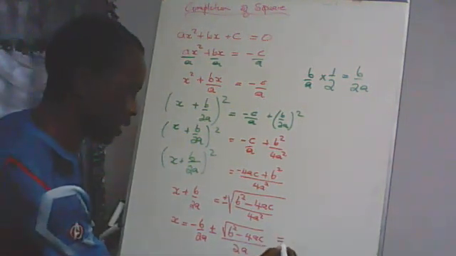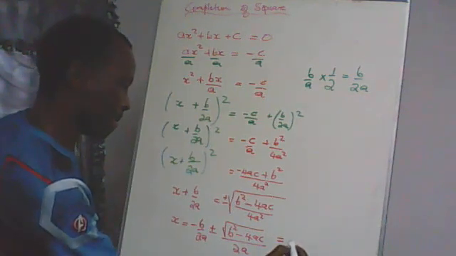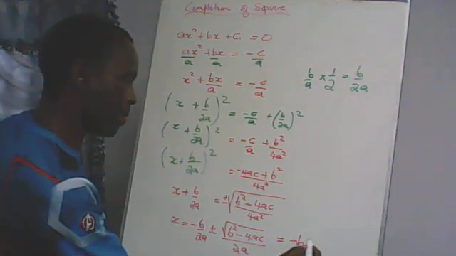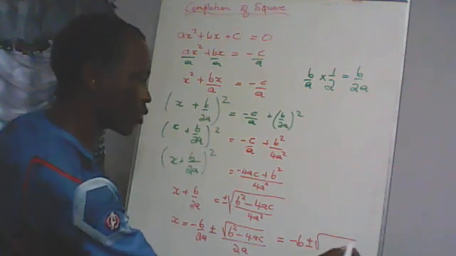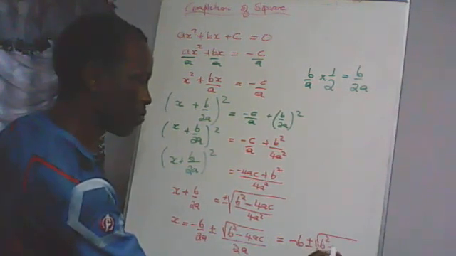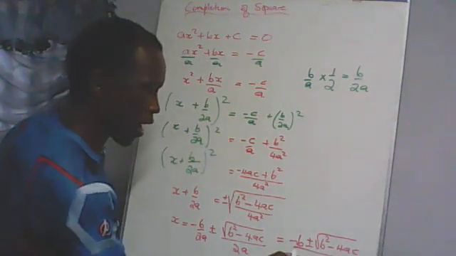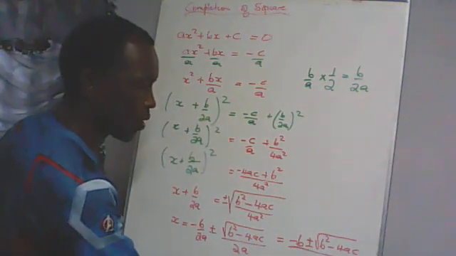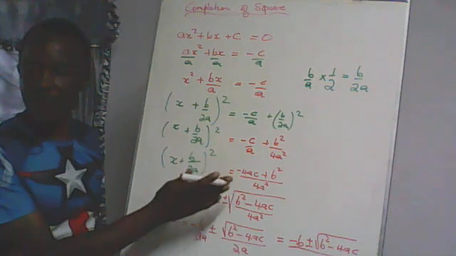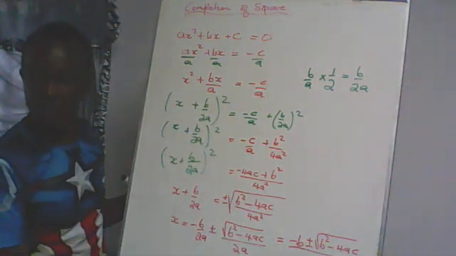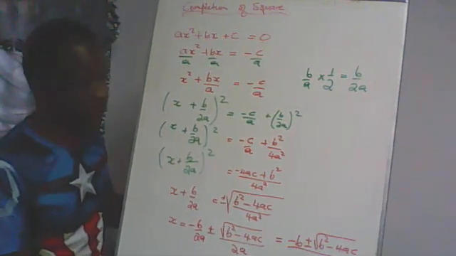So this is equal to minus b plus minus the square root of b squared minus 4ac all over 2a. Now that is the final step.